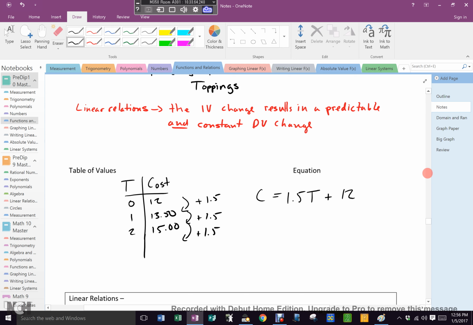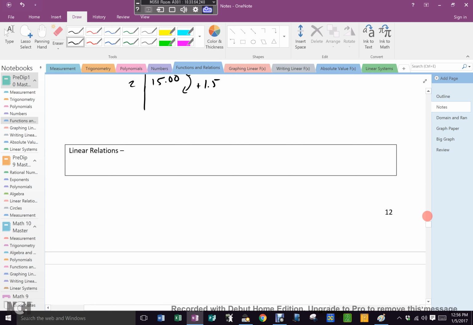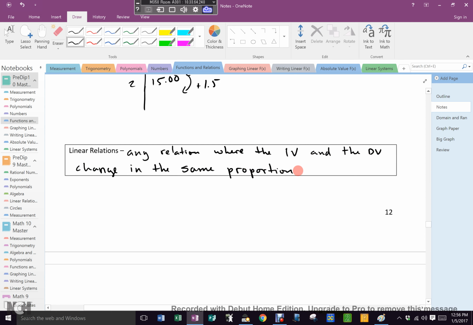Okay? So remember, linear relations are any relation where the IV and the DV change in the same proportion over the entire domain and range.